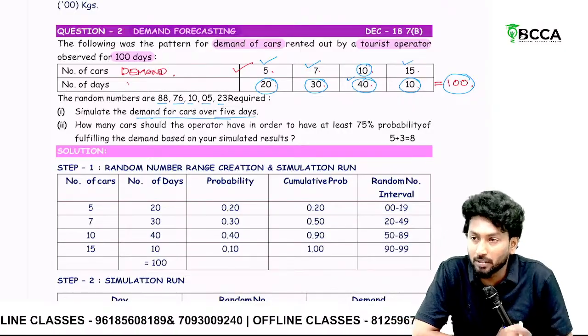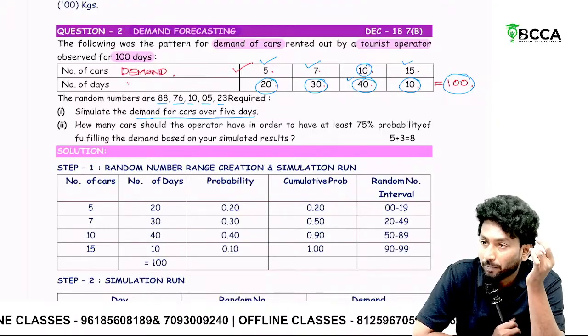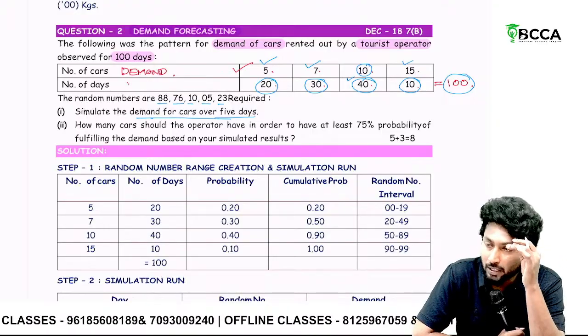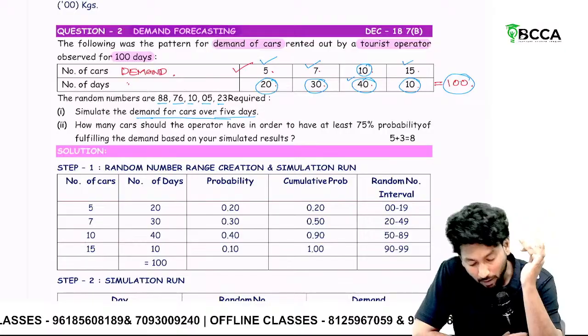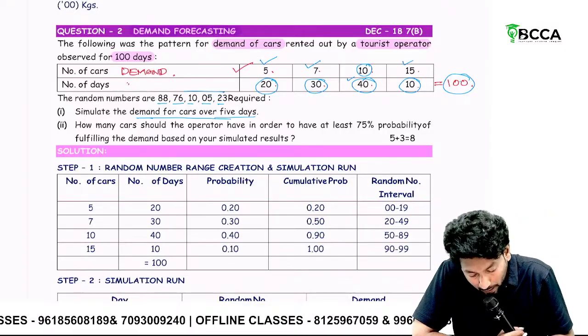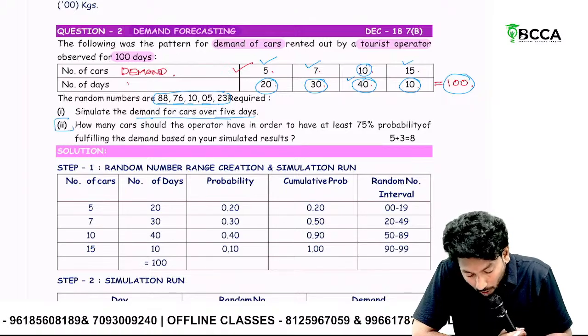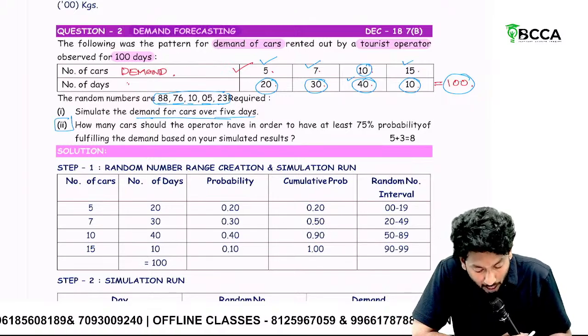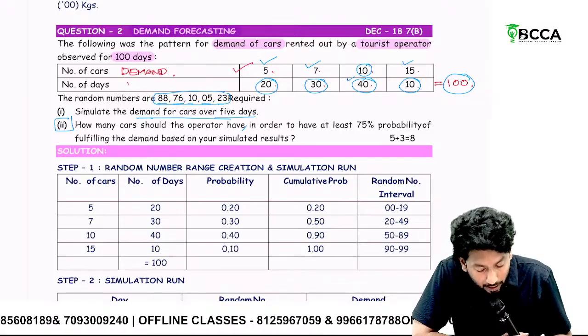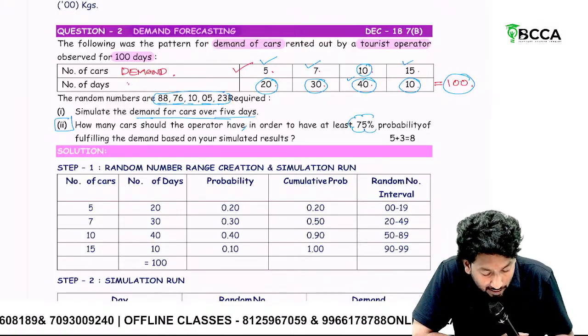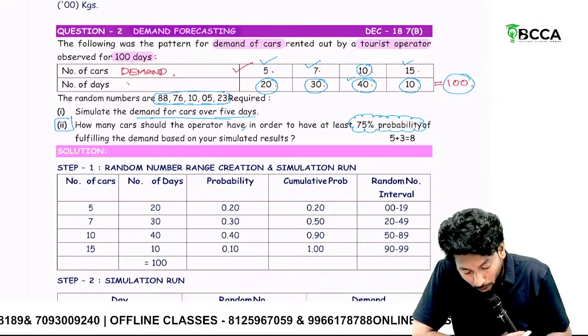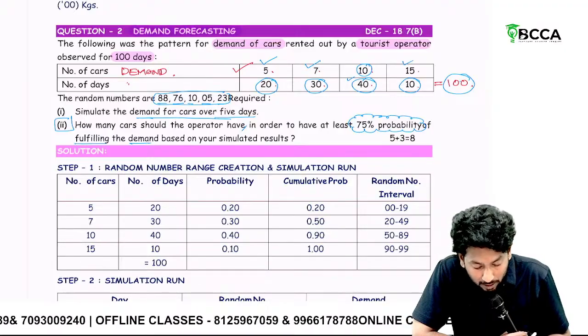Simulation means step 1, write the range. Step 2, simulation worksheet, to estimate the future demand by using 5 random numbers, sir. After that, how many cars should the operator have in order to have at least 75% probability of fulfilling the demand based on your simulated results?